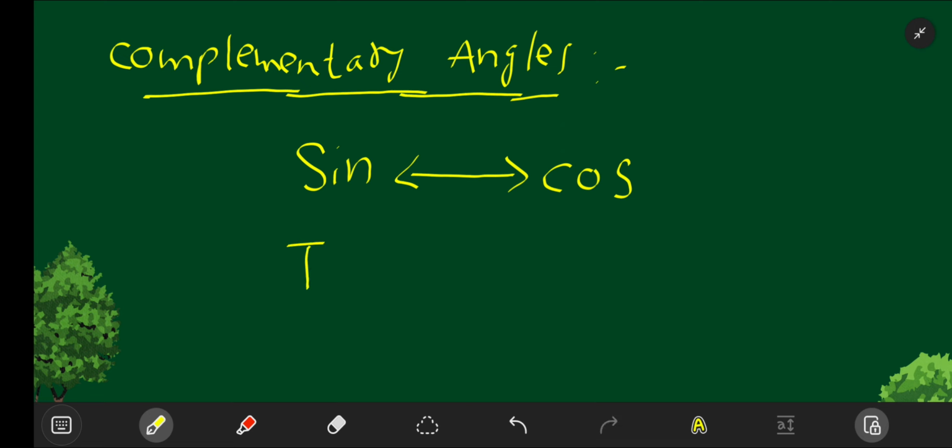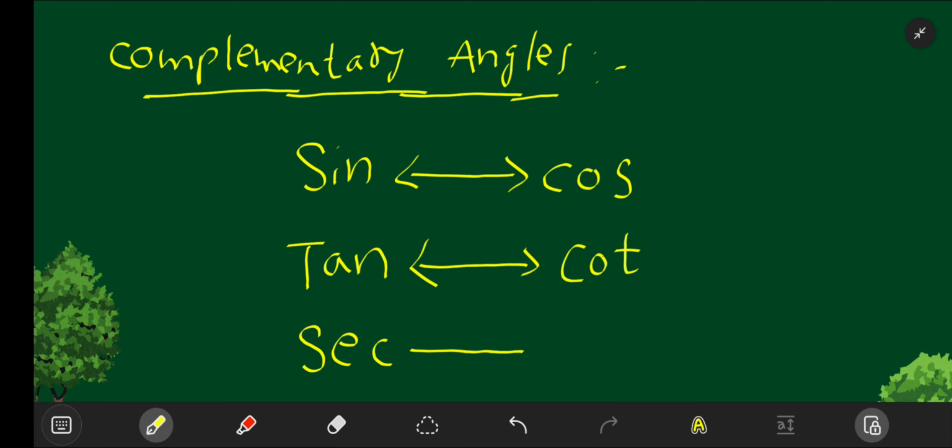Tan is complement to cot, and cot is complement to tan. Sec is complement to cosec, and cosec is complement to sec.